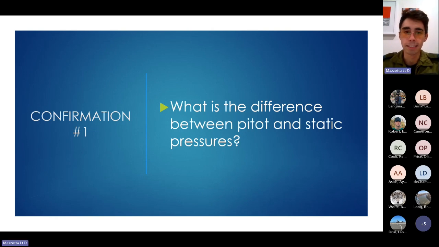The pitot tube measures the dynamic pressure of the ram air, whereas the static port measures the static pressure in the air.